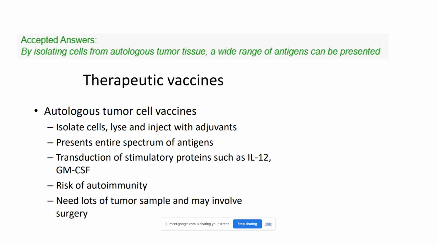This presents an entire spectrum of antigens, but there is a slight risk of autoimmunity, though not as much as with allogenic tumor cell vaccines. Also, it needs a lot of tumor sample and may involve some surgery. So the third option, by isolating cells from autologous tumor tissue, a wide range of antigens can be presented, is the correct option.